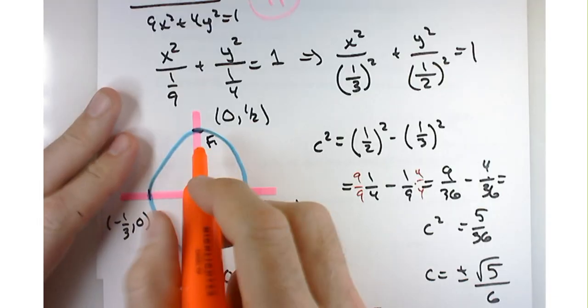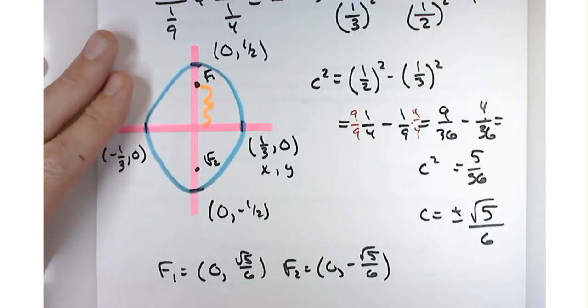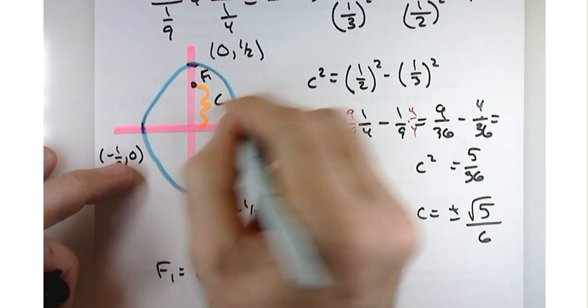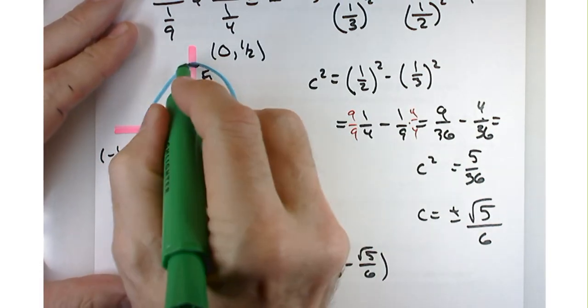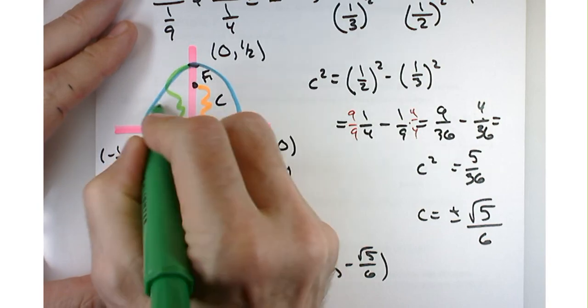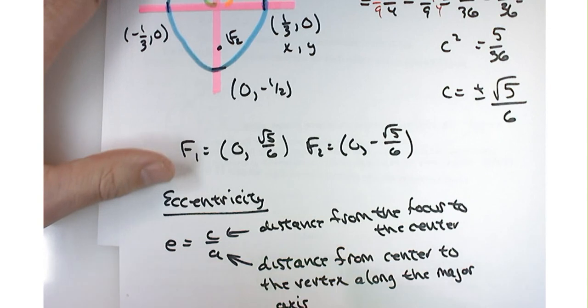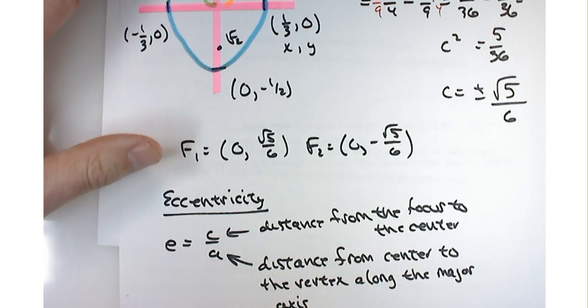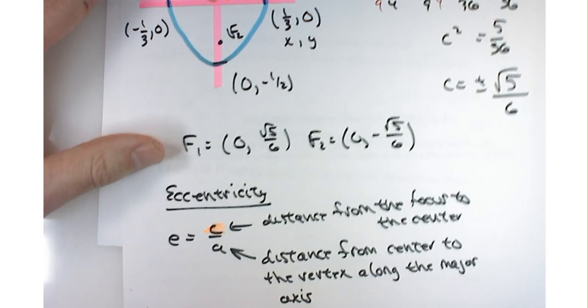So this distance here, that's C. And the distance to your vertex, the longer one, that's going to be your A. So it's going to be the ratio of those two distances. C here and A here.